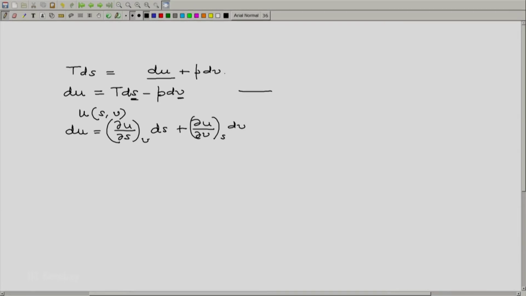Now compare these two relations. The left hand side is the same, and hence comparing the coefficients of the differentials of the independent variables, that is coefficients of ds which should be the same and coefficients of dv which should also be the same, we get T equal to partial of u with respect to s at constant v and P equal to minus partial of u with respect to v at constant s.